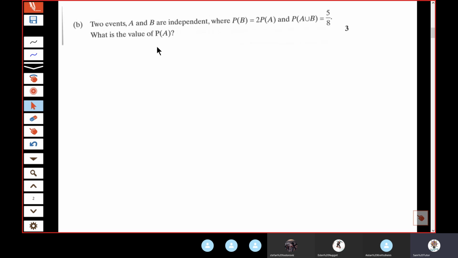The key word there that you want to know is independent. Does anyone know what it means by A and B are independent? They don't share anything in common. So what do we definitely know about probability of A and B? If they're independent, the probability of A and B is the probability of A times the probability of B. Say me and you are independent, so we don't depend on each other.